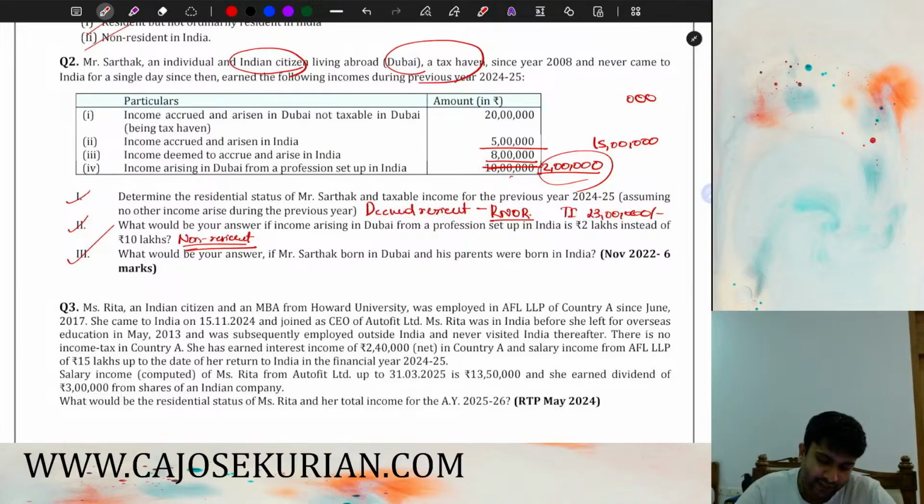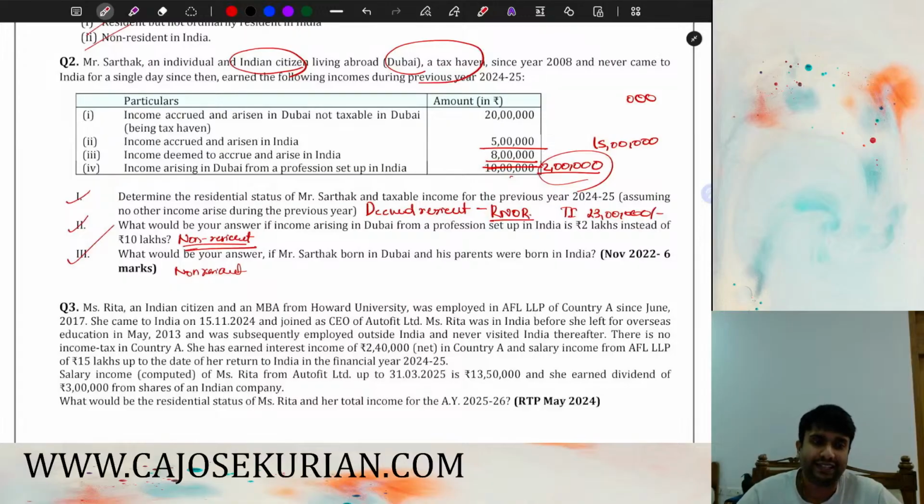Then what would be your answer if Sarthak is born in Dubai and his parents were born in India? If Sarthak is born in Dubai, then he is not an Indian citizen, he's a citizen of Dubai, right? And hence we can say he is a non-resident, because for the deemed resident provision to be applicable, the person has to be an Indian citizen technically.